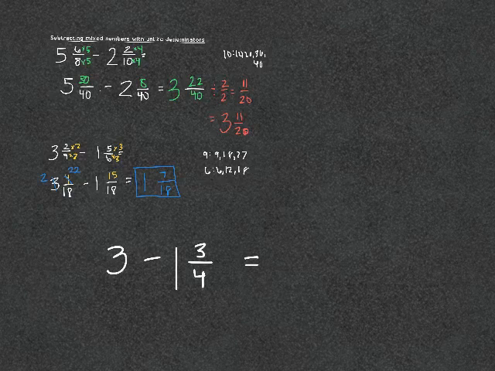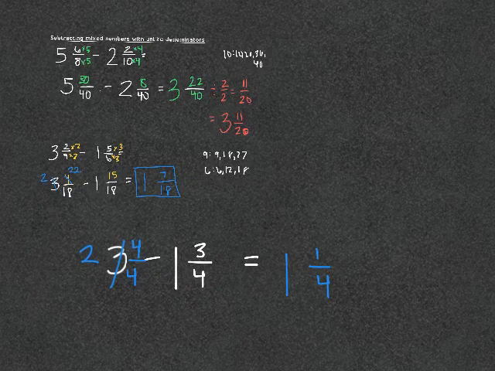This is something we did practice in class, but if we forgot, what we do is we go to the 3 and we make it a 2, and we look at what this denominator is over here. This is what we want our denominator to be. So we just make a whole here, 4 out of 4. So we took a whole and broke it up and put it in 4/4. And now we can subtract 4/4 minus 3/4 is 1/4. And then 2 wholes minus 1 whole is 1.